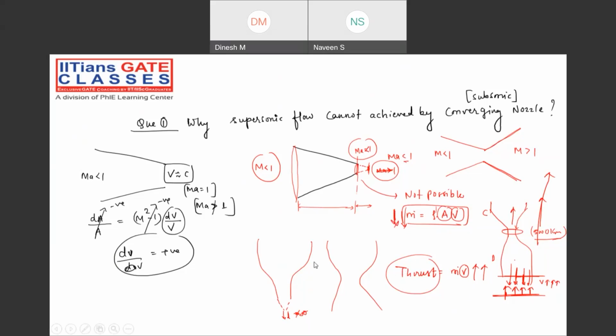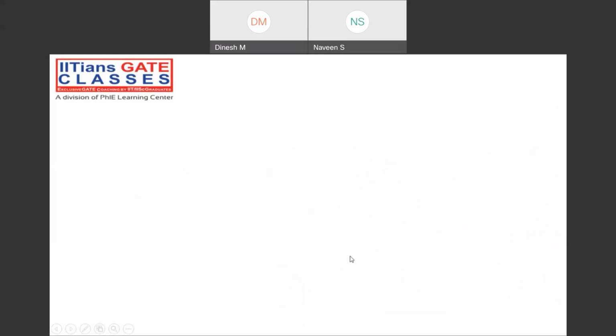So for that, my dear friend, let me explain the reason for this. Why are we not able to achieve the maximum supersonic speed through the converging nozzle? Understand? This is your reservoir, your nozzle. Suppose this is a chamber, my dear friend. Whatever the velocity of the flow direction is, that is the positive x direction.